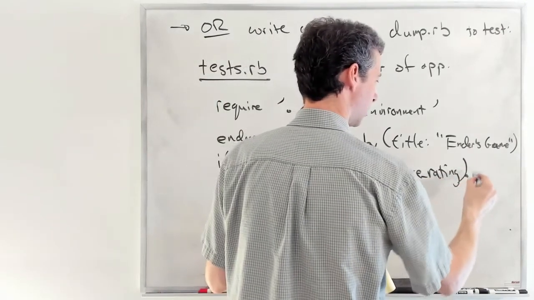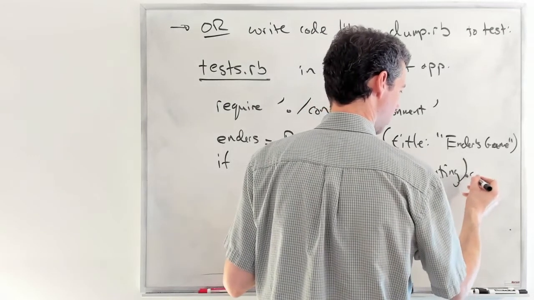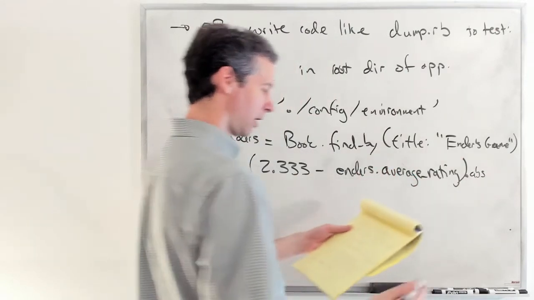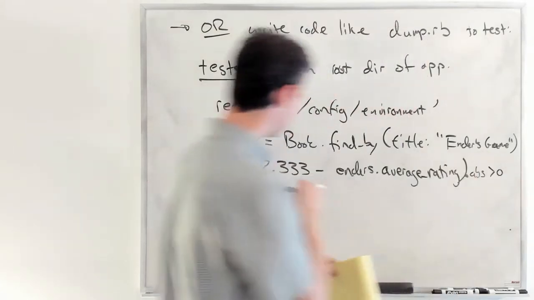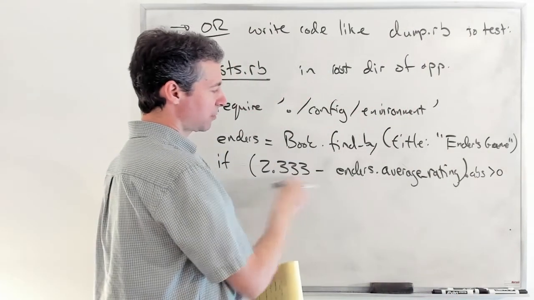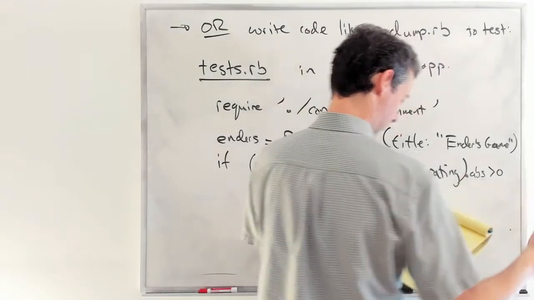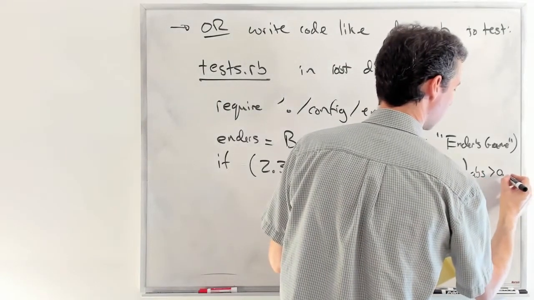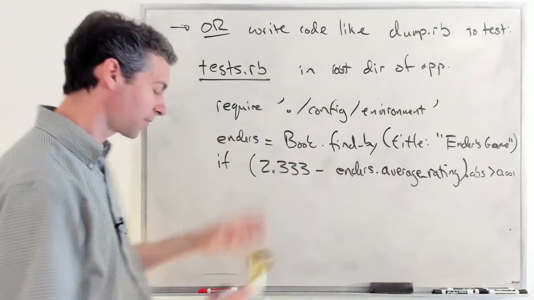And then I'm going to call absolute value to make sure that I don't have a negative number here, because maybe my result is higher, maybe it's lower. I call absolute value, and I'm going to check to see if the difference between my expected and what I got is greater than a thousandth. I've only done this number out to the thousandth. So if it's greater than that, I've got a bug.